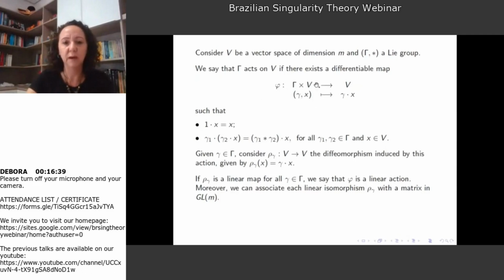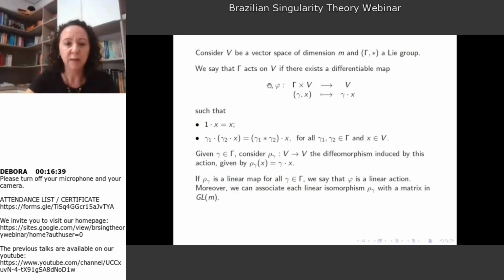We have a differentiable map, though it's not necessarily required to be differentiable; perhaps we need only a continuous map. We put the same definition that we obtain in a manifold context.